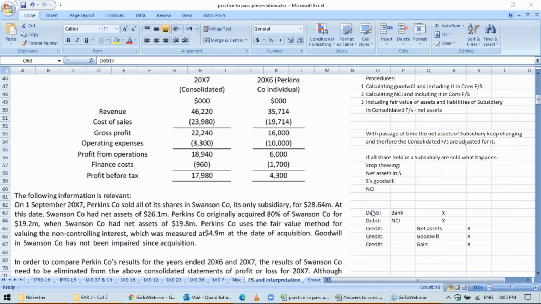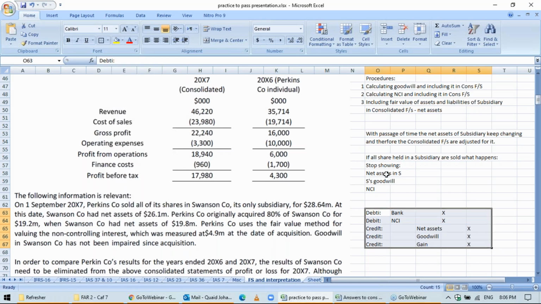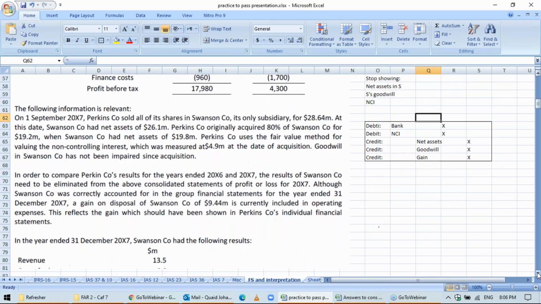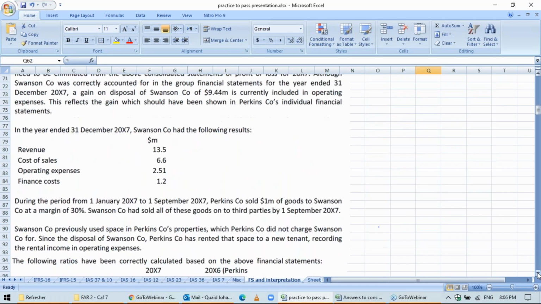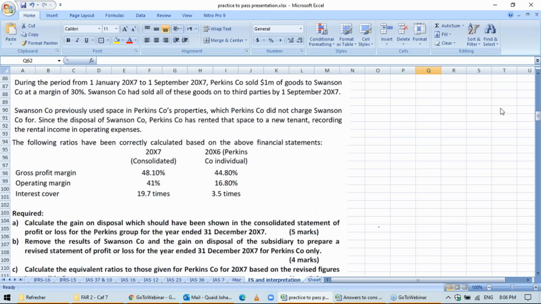So now this question covers these effects. They are telling you to calculate the gain or loss. So let's check what the question says. What is the requirement first? See, the requirement is to calculate the gain on disposal, which should have been shown in the consolidated financial statements.